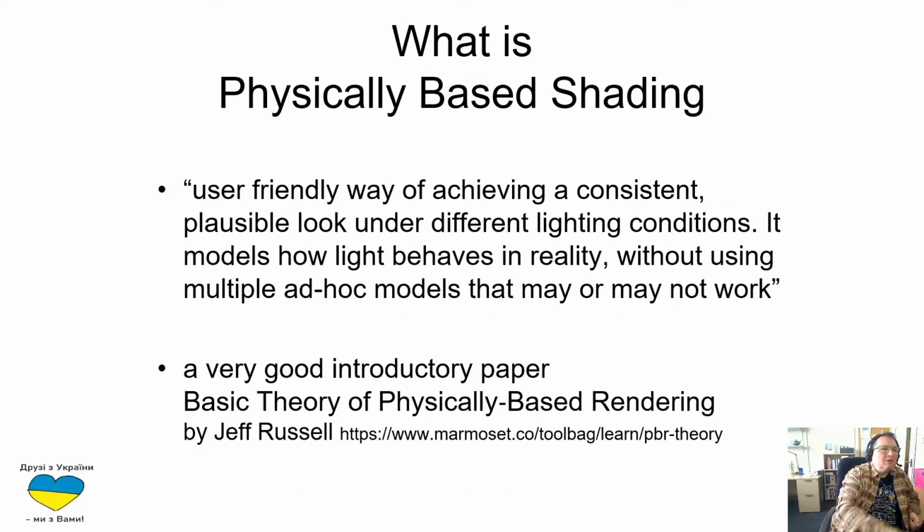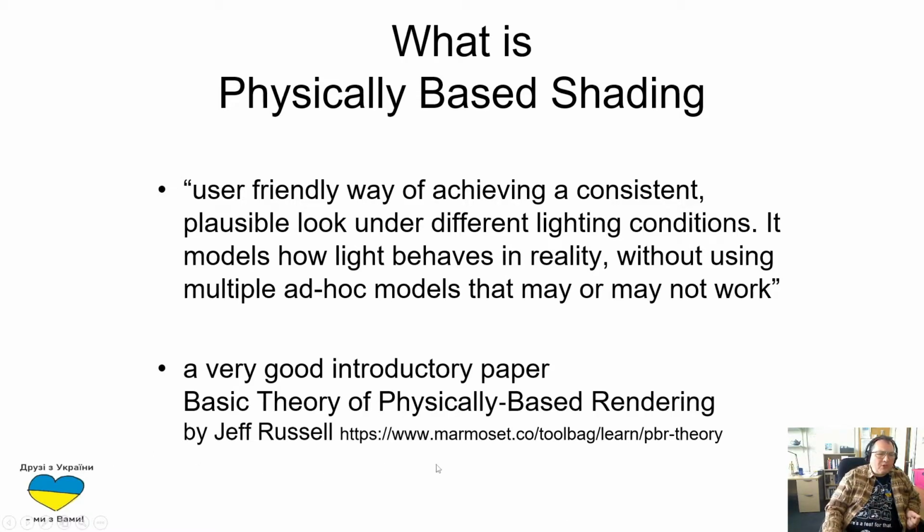Alright, so what is physically based shading? The official definition is here: a user-friendly way of achieving a consistent, that's the keyword here, plausible look under different lighting conditions. It models how light behaves in reality without using multiple ad hoc models that may or may not work. A very good introduction you can find in this paper by Jeff Russell, Basic Theory of Physically Based Rendering.